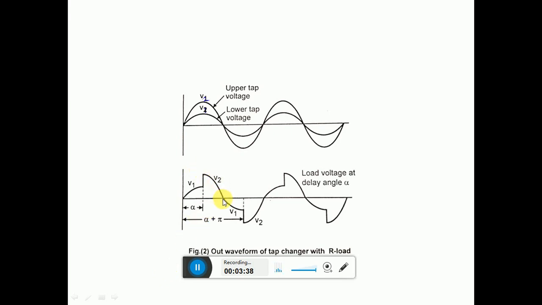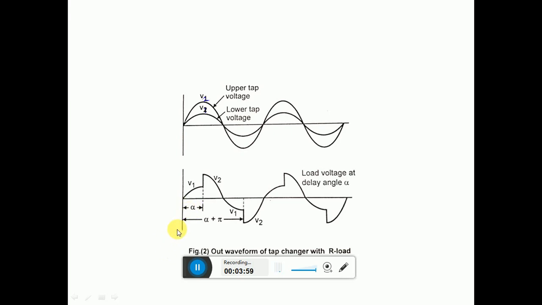That's why it is represented by this. And how is it possible to make switch 1 off? If we give negative anode to cathode voltage across switch 1, we will be able to switch it off.